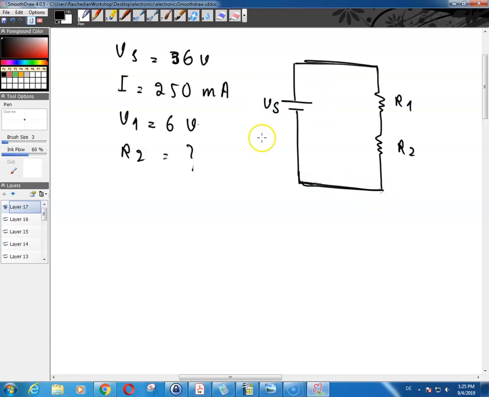So this is V of S, which is 36 volts. Now the current going through this circuit is equal to 250 milliamps, and the voltage drop across this resistor is 6 volts.